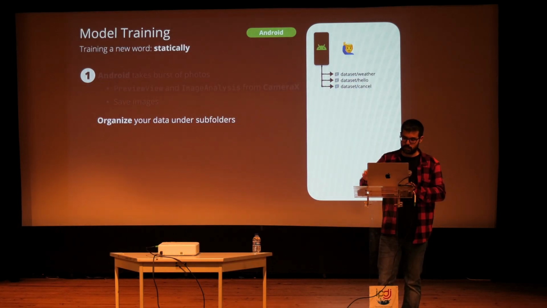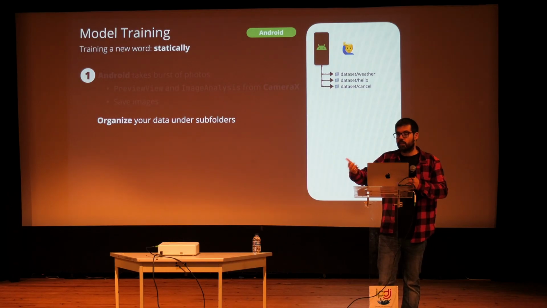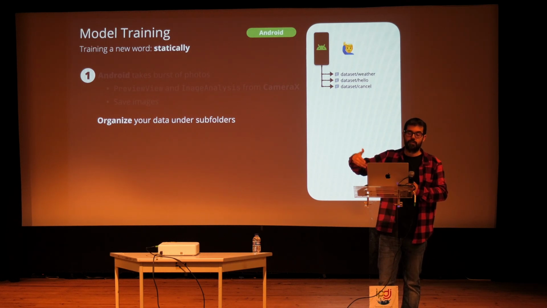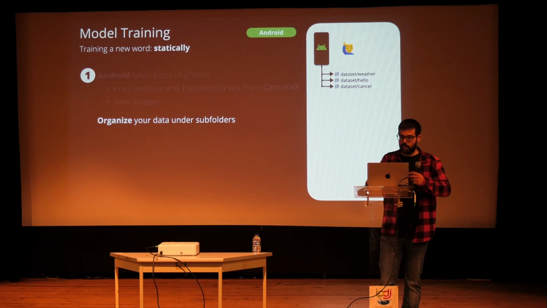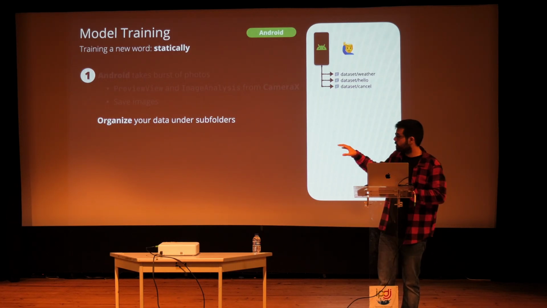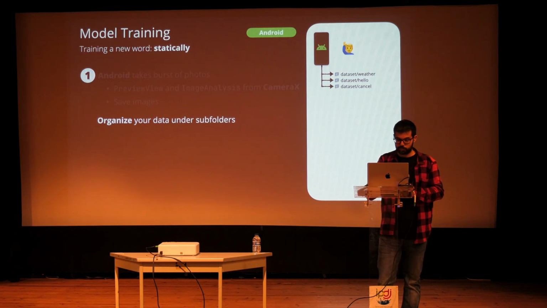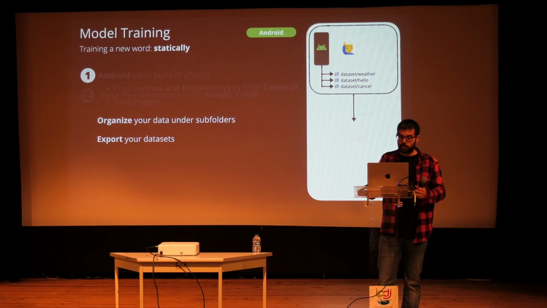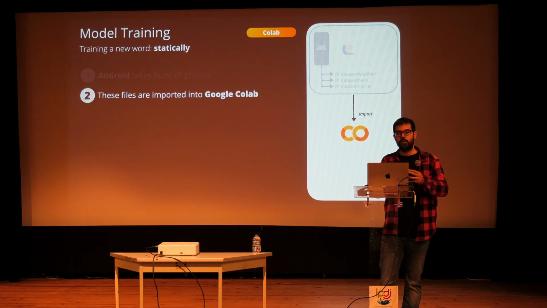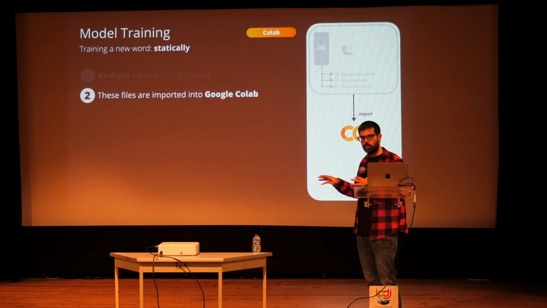This is done statistically, so you need to train a lot of things. The alphabet has 26 letters, so I would need to have 26 times 50 combinations. And ideally I would have different hands, so it's going to be a large data set that you can organize by folders. Then you export your data sets, and there's a really cool tool named Colab.